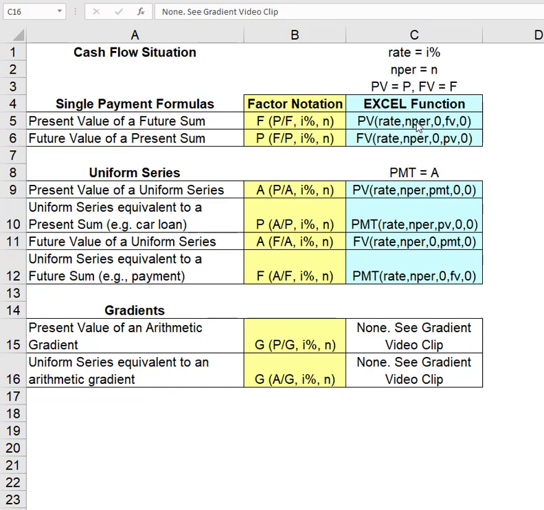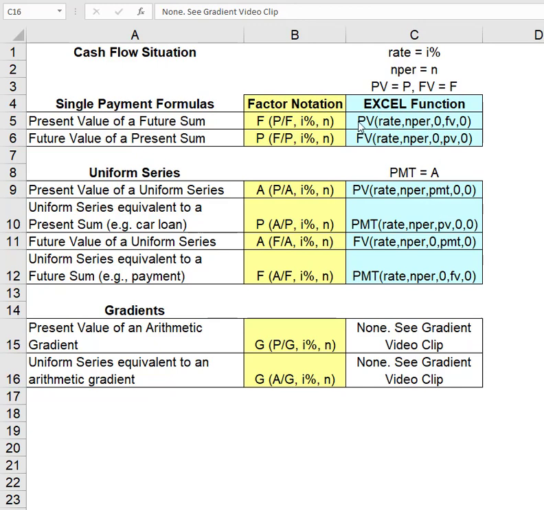Now for the Excel function, I'm going to also demonstrate it on the next Excel page in a moment. But with Excel functions, rather than having a factor for each different type of cash flow and a column on each page for each of those cash flows, we only have a few Excel functions, but they're more versatile.